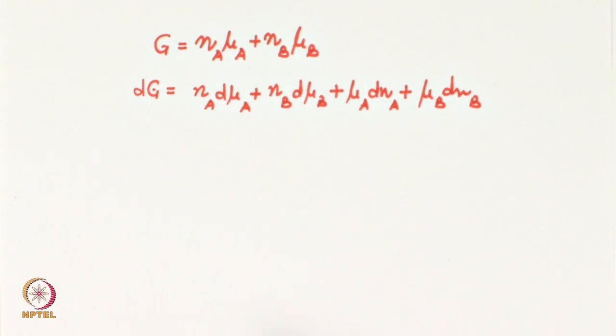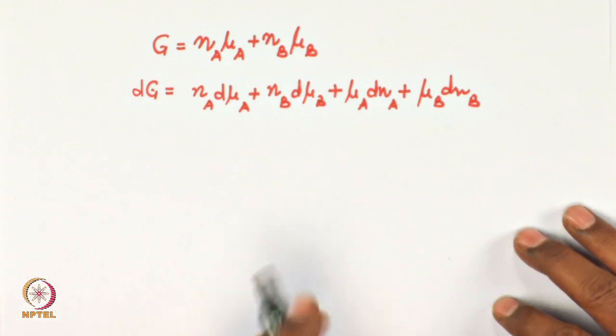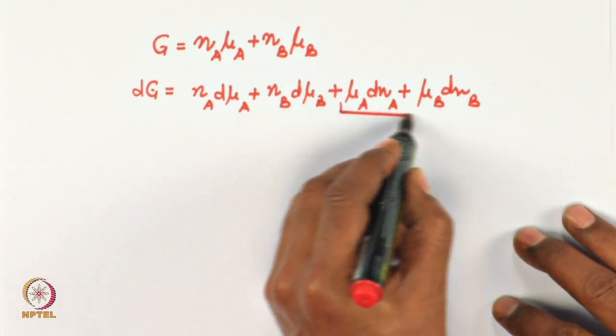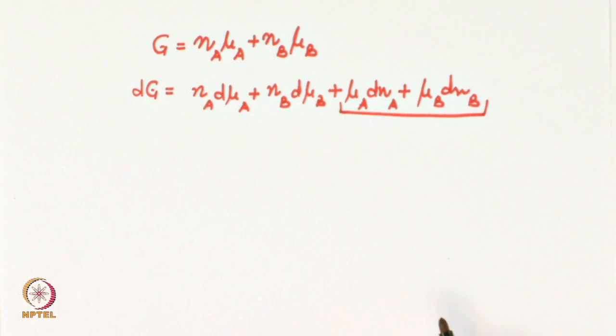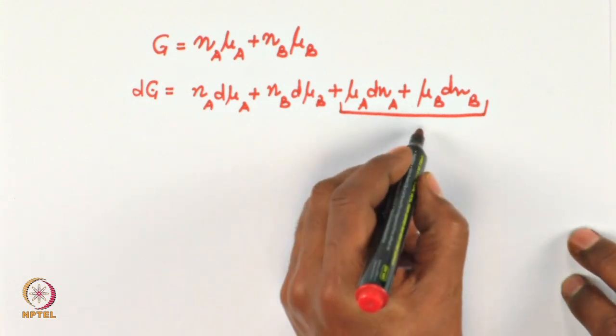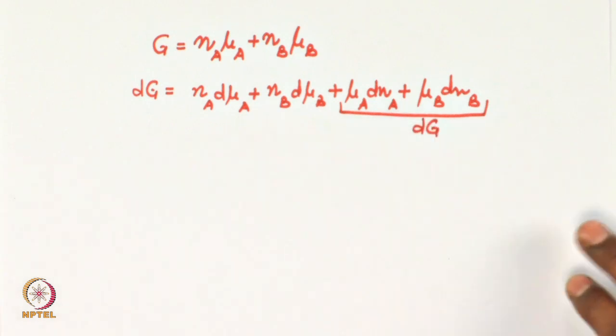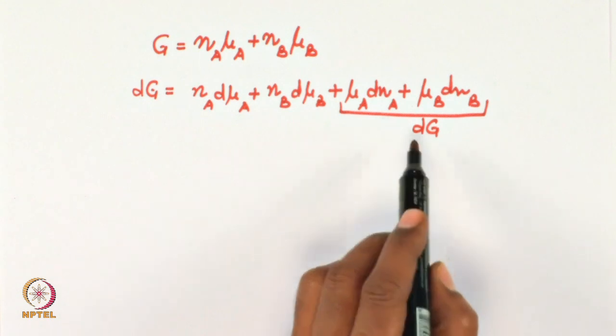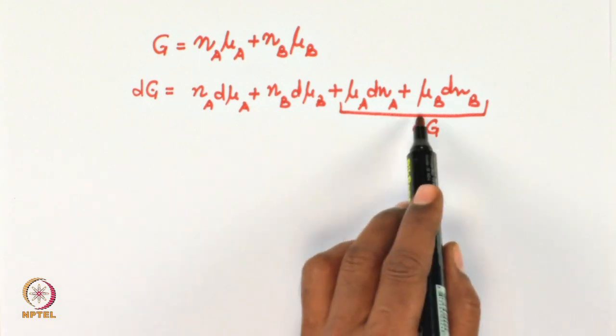And we have just shown that mu A dNa plus mu B dNb at constant temperature and pressure is the same as dG. We have just shown that dG is equal to mu A dNa plus mu B dNb.